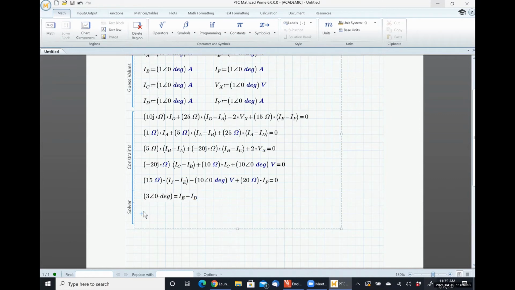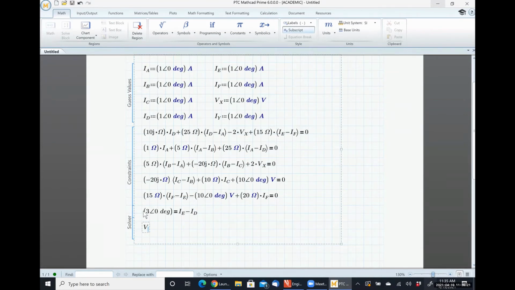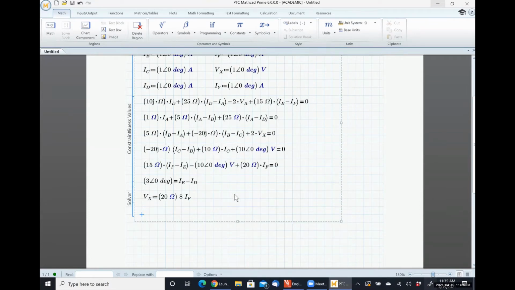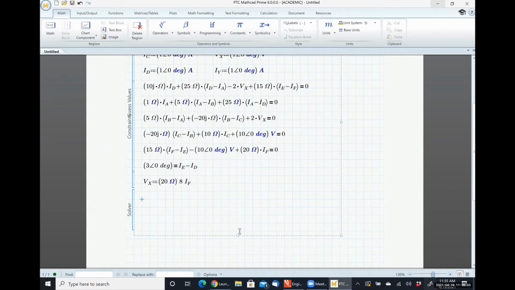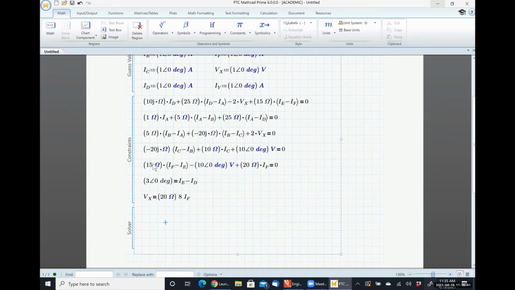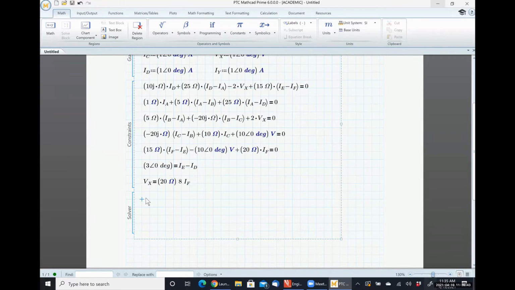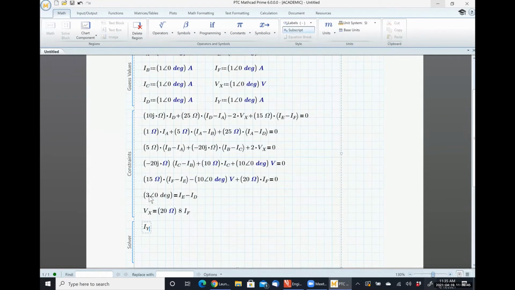Then we had our VX relationship. Oops. So I made a mistake here. There it goes. Let me fix it. All right, 1, 2, 3, 4, 5, 6, 7. So the last thing I have is in my IY relationship, which was I.